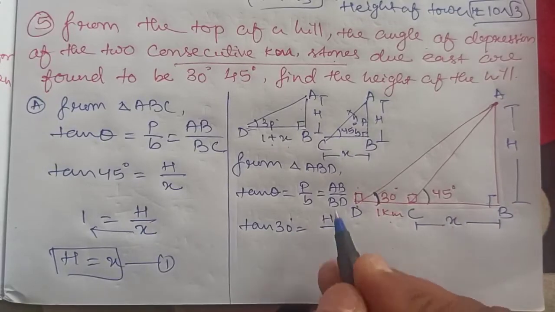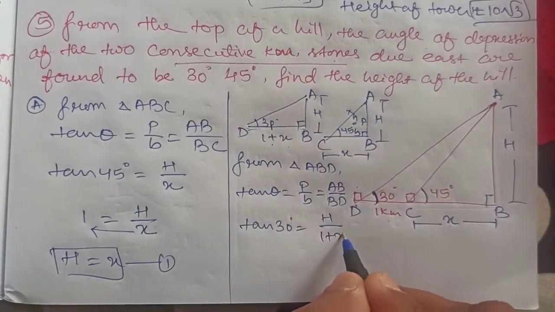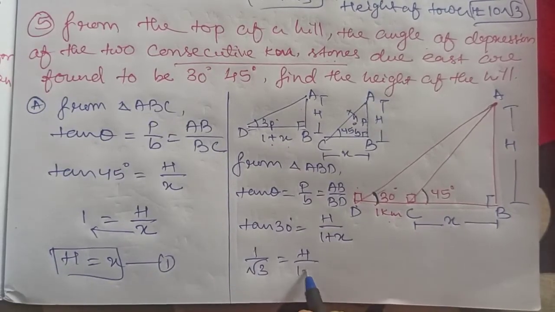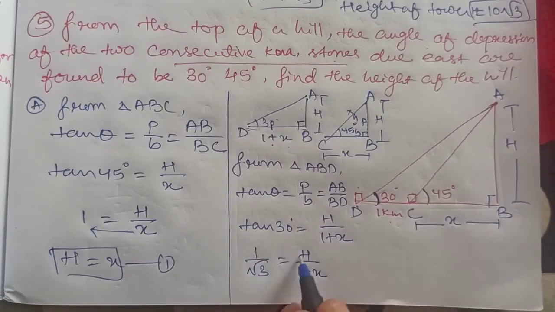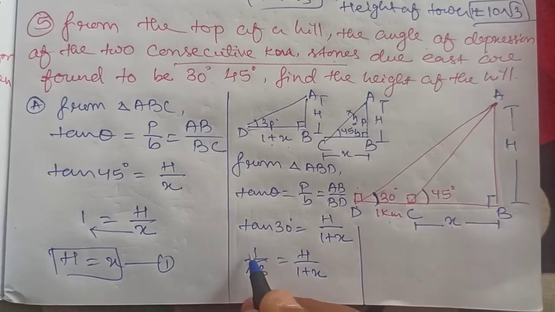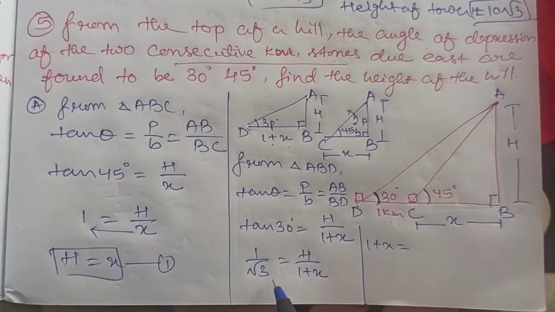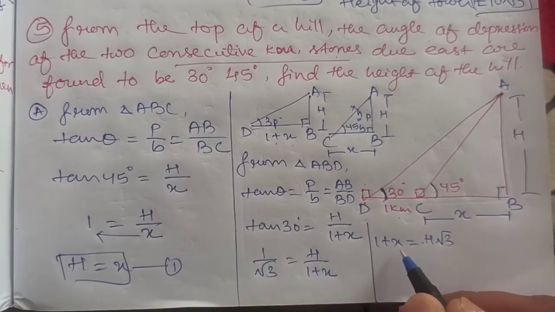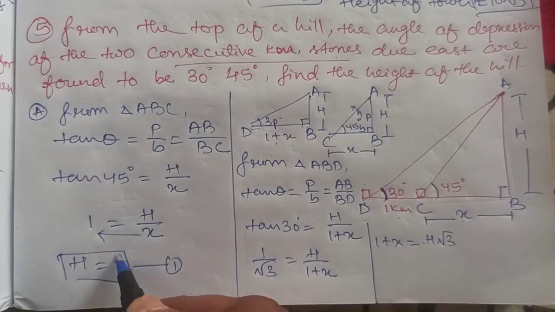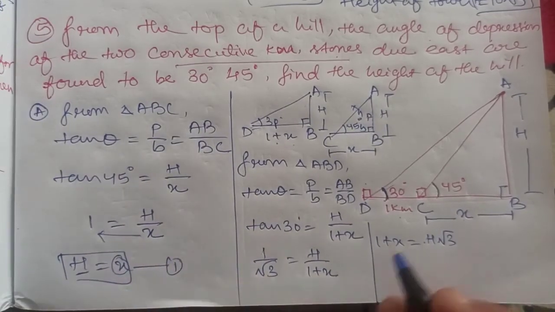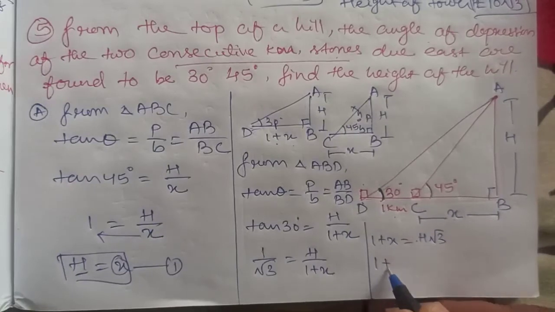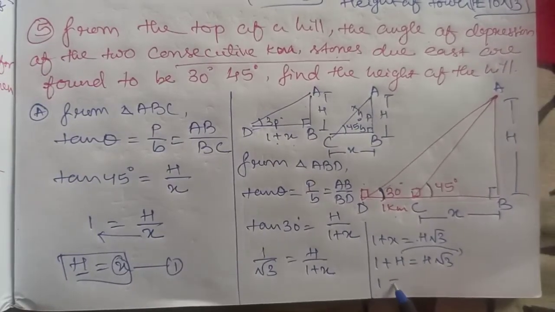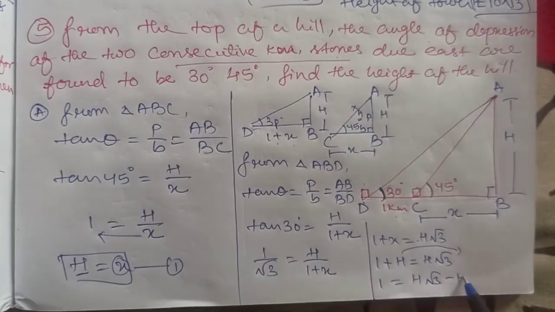AB is H. BD we got 1 plus X. Tan 30 is 1 by root 3, so 1 by root 3 equals H by 1 plus X. Cross multiply, we will get 1 plus X equals root 3 H. Now what is the value of X? X is also equal to H, is not it? So in place of X I will write H. 1 plus H equals H root 3. Bring this H this side. We will get 1 equals H root 3 minus H.